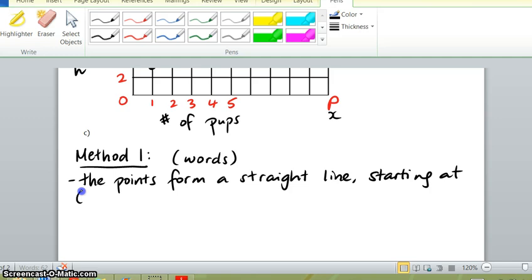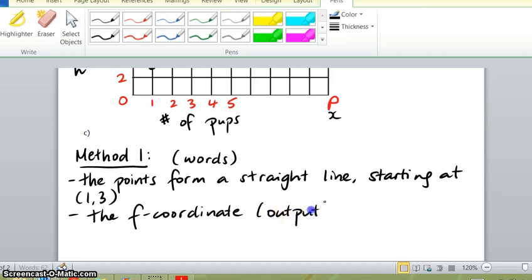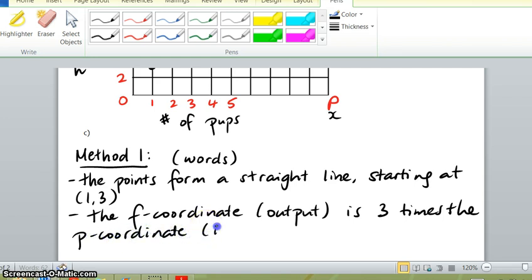Starting at (1, 3), and then the F coordinate or output is 3 times the p-coordinate, or input.